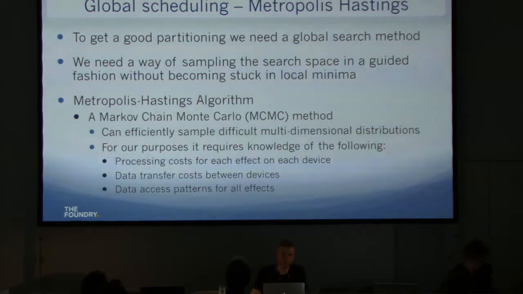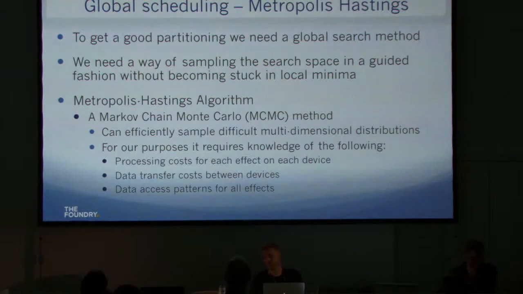So what to do? Well, as I mentioned earlier, just managing to do an effect well on a specific set of devices isn't enough. That local optimization, thinking that I can just solve a little piece of the graph problem, doesn't get you a nice global solution. We really do need a global optimization strategy. We need a way of sampling the search space in a guided fashion without becoming stuck in a local minimum.